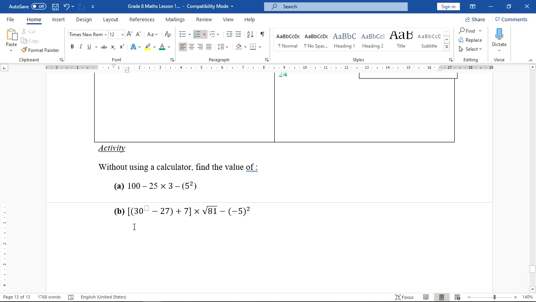Now in part B you have square brackets and then small brackets: 30 minus 27, close the bracket, plus 7, then close the square brackets, times square root of 81 minus 2 exponent 2. Please try this one. Remember, you are doing this without a calculator.